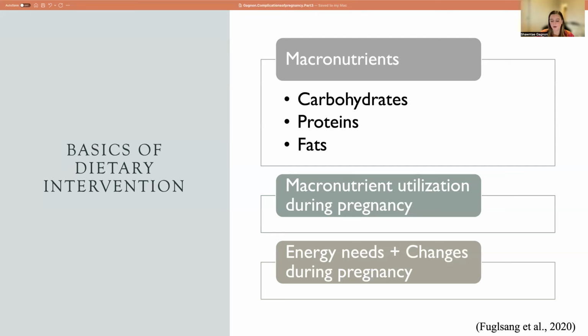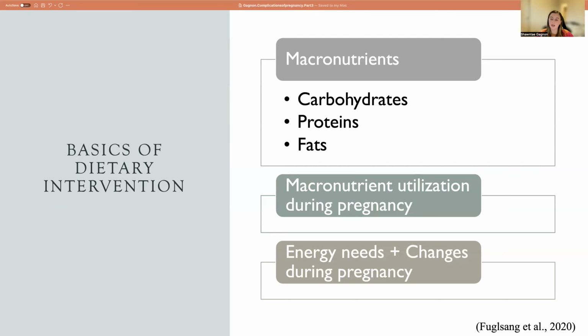So fats are more calorie dense per gram, but they have so many health benefits, and being calorie dense is not a bad thing in and of itself. The recommended percentage of calories that should come from fat in a day during pregnancy is 20 to 40% of calories being fat calories.